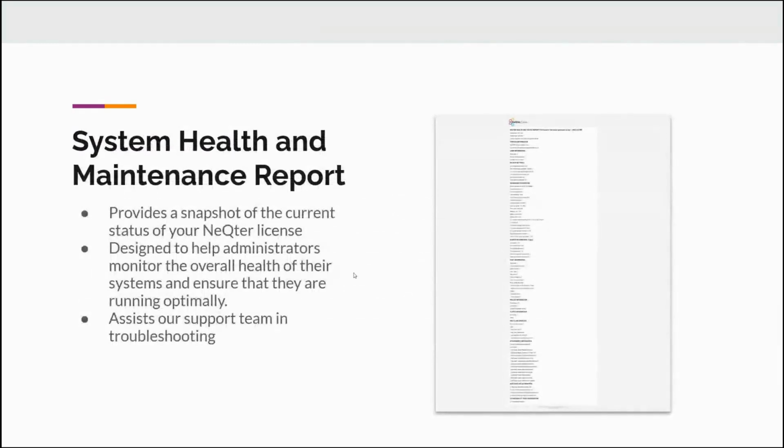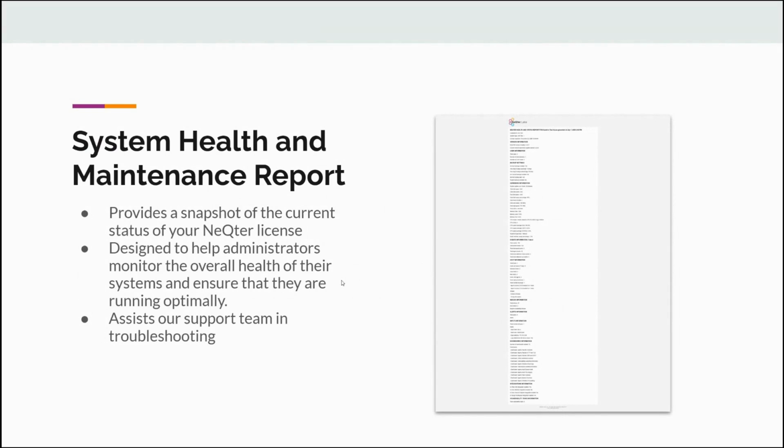So I have quite a few slides here. I went over this last time, just the system health and maintenance report, but I'll actually just show off my demo system, breaking down the different areas of the system maintenance report.